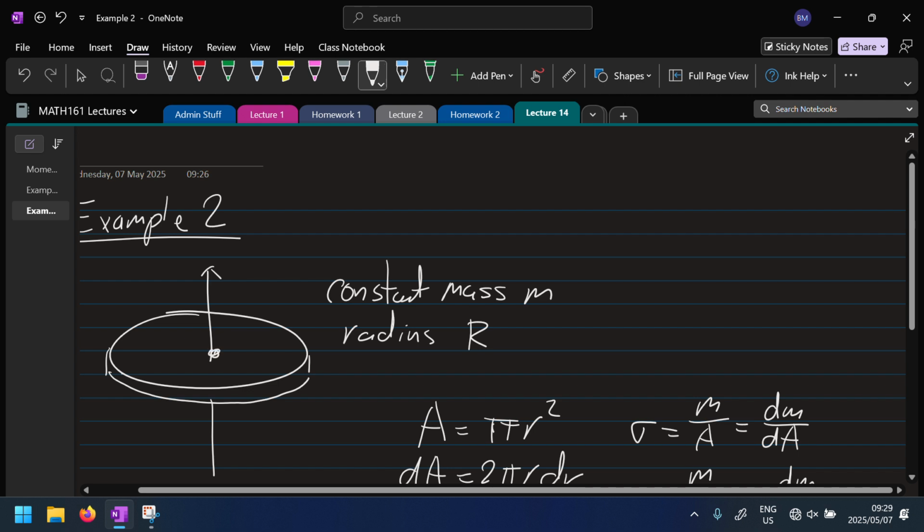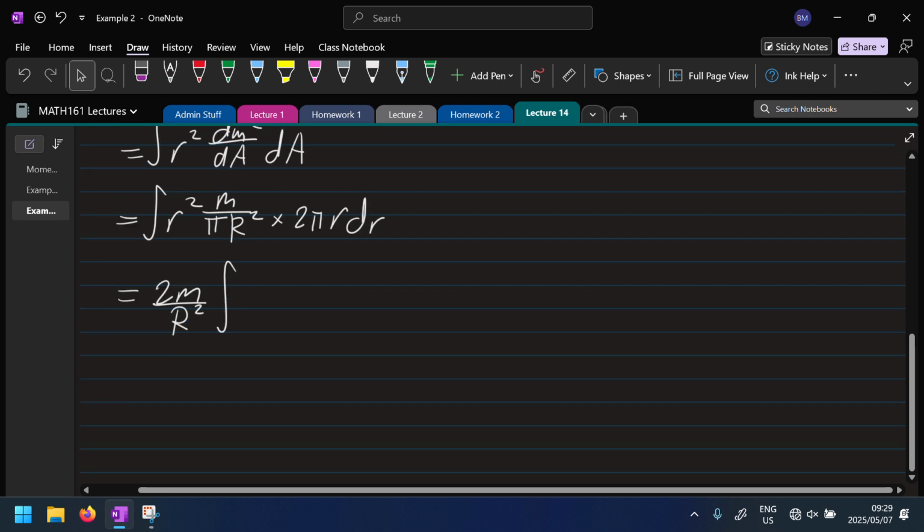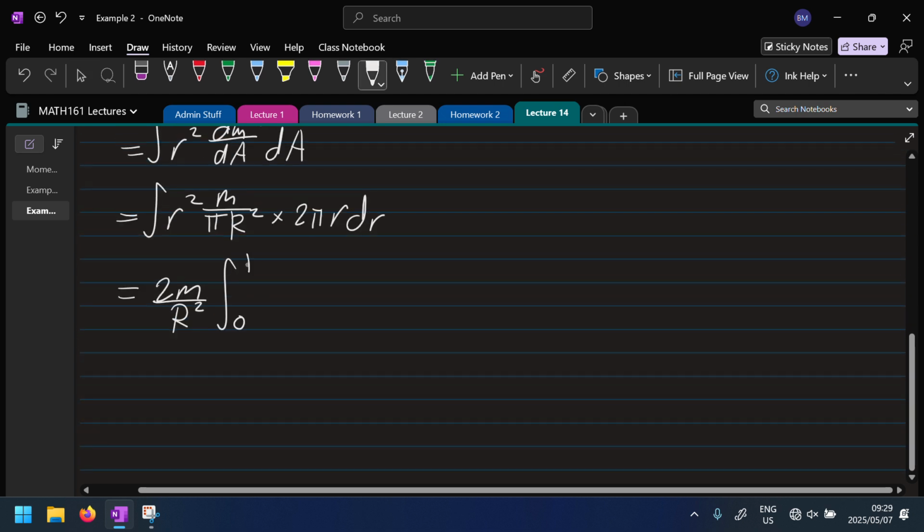We're going to start at the center that has radius 0, and we're going to go all the way out to the end where the radius is capital R. So we're going to go from radius 0 to radius capital R. Okay, so that's the bounds.